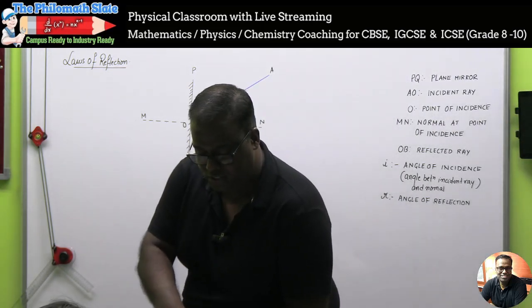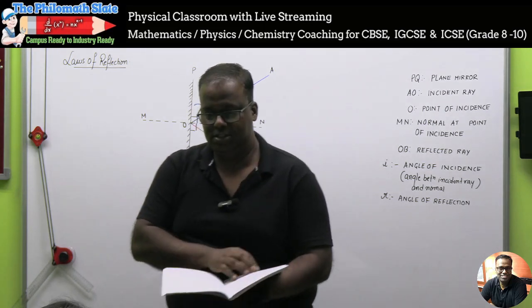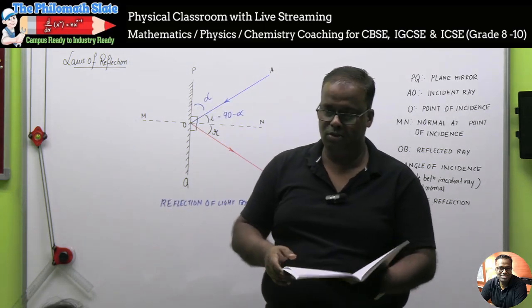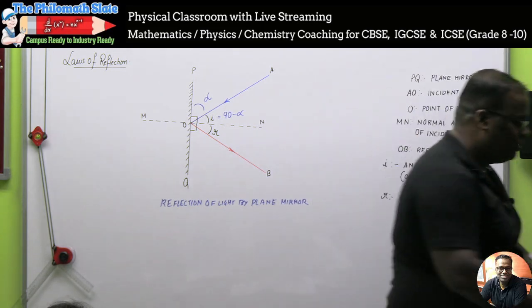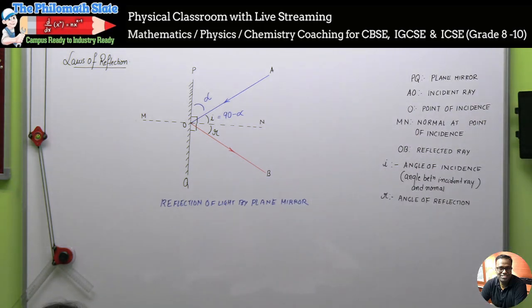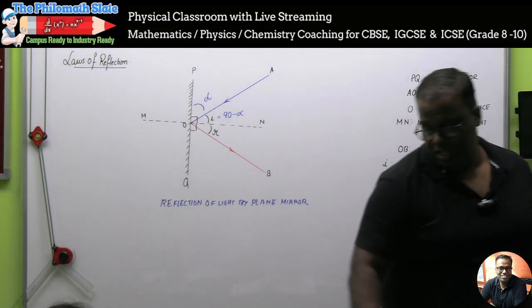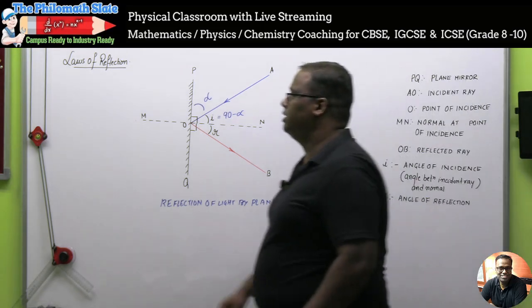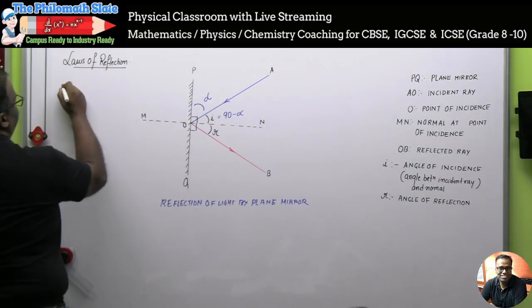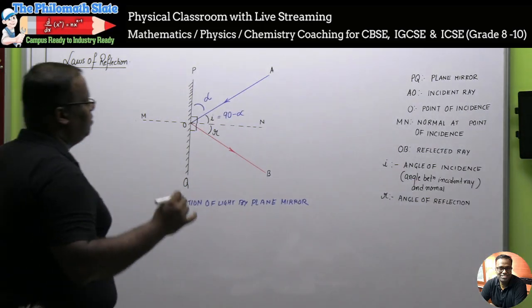The laws of reflection are as follows. Same thing you will be studying. So if you study now, your job becomes easy. Okay? Let us write the laws of reflection. The first law. There are two laws only. It's very simple.